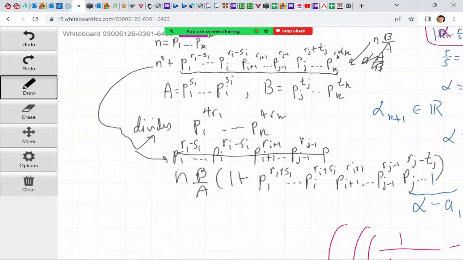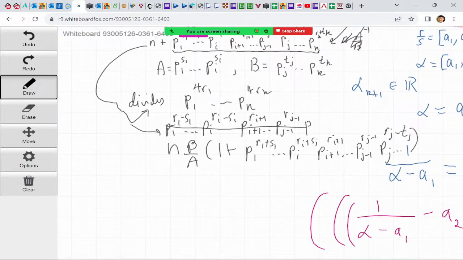Okay, so by the same principles as before, it suffices to consider this part. That part's co-prime to everything before J, and it's only not co-prime to stuff after J if the Rj equals the Tj.